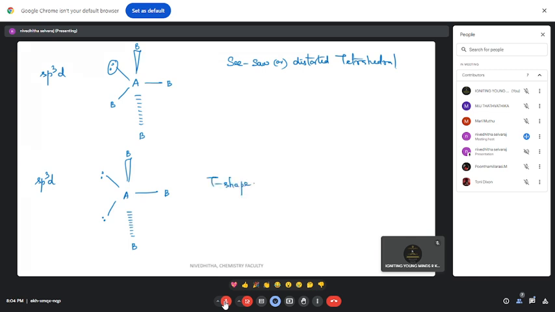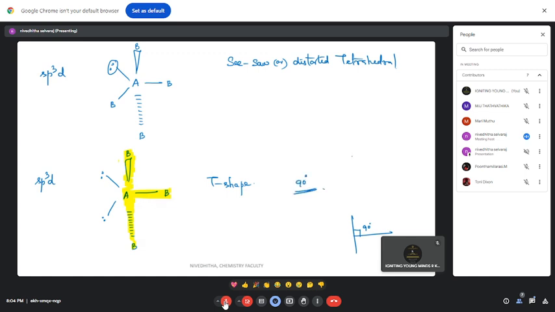See, this molecule looks like a T, right? And we have to know the bond angle of T shape. It is very easy. See, this is T. What is the bond angle? Obviously 90 degrees.